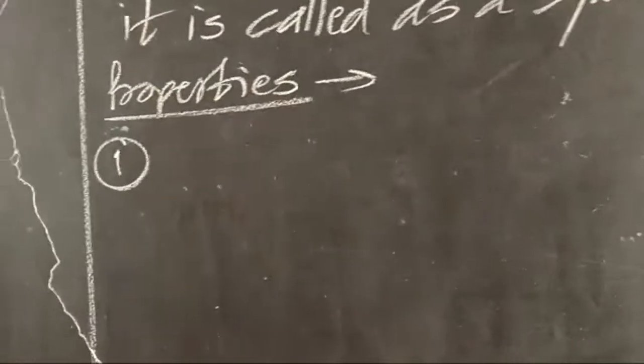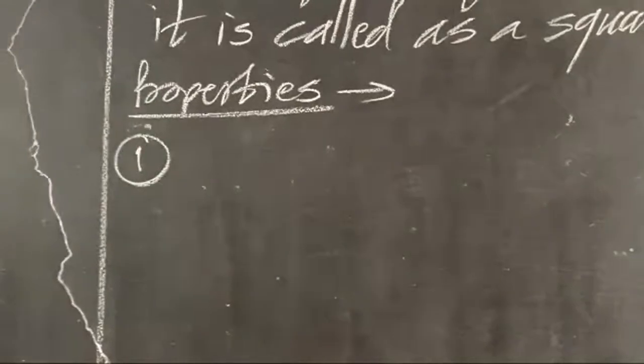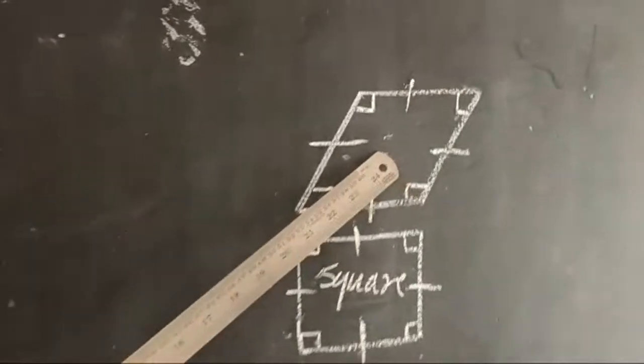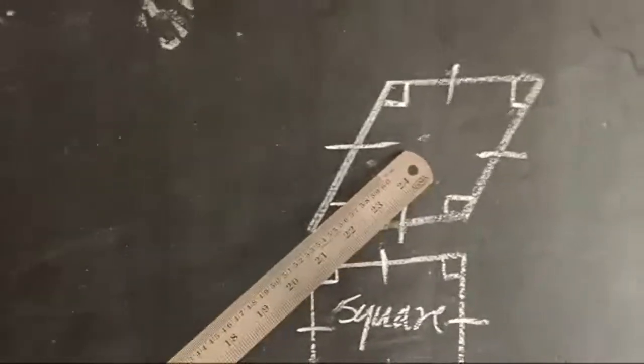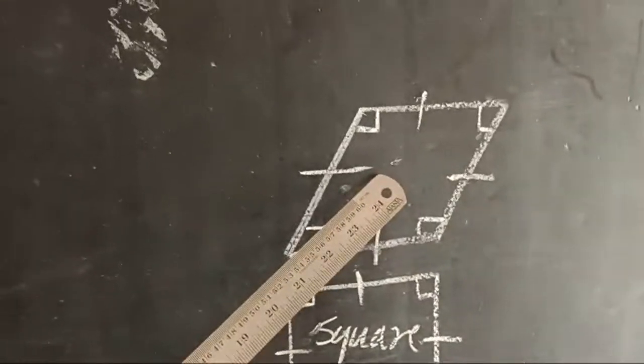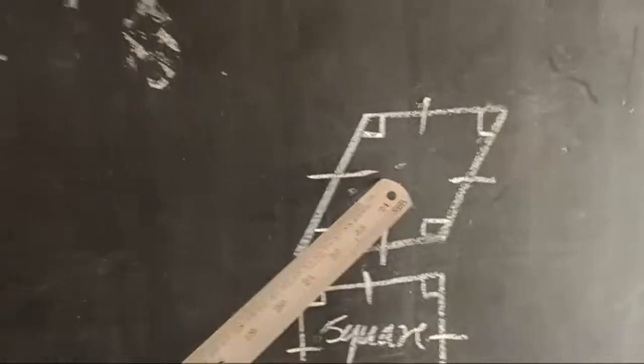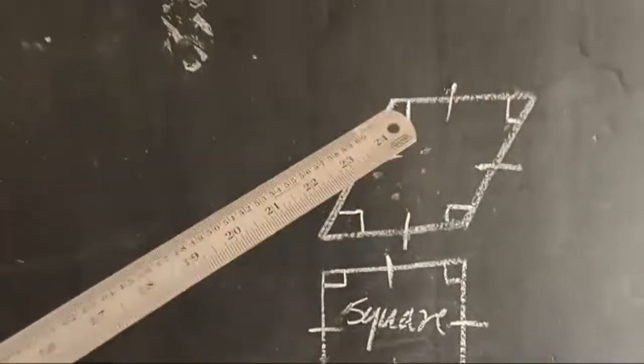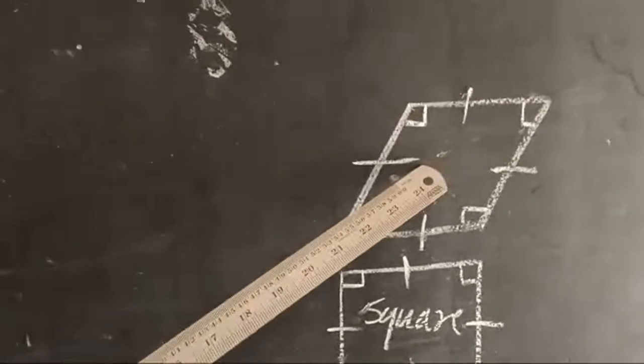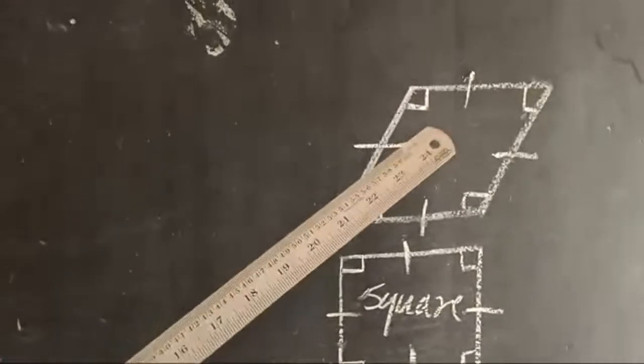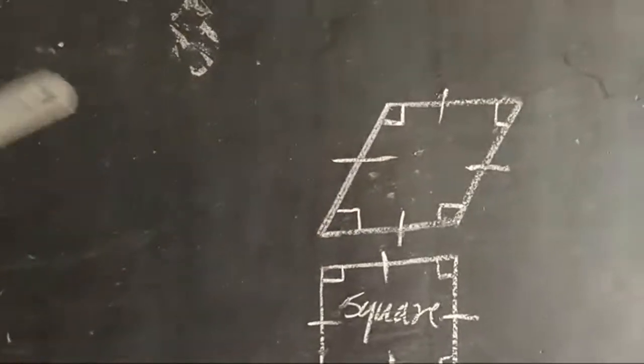Tell the property of rhombus. Yes, the diagonals of a rhombus are perpendicular bisectors of each other.